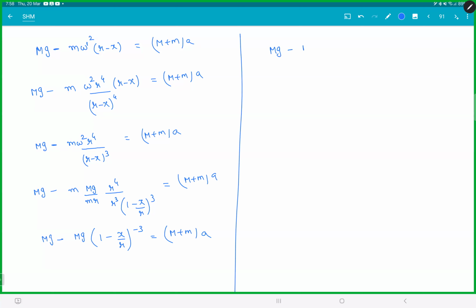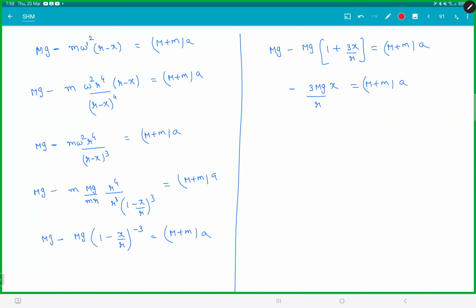This will be Mg minus Mg times (1 plus 3x by r). No, that looks fine. So Mg will cancel. You will be stuck with 3 Mg x by small r is equal to (M plus m) into acceleration.